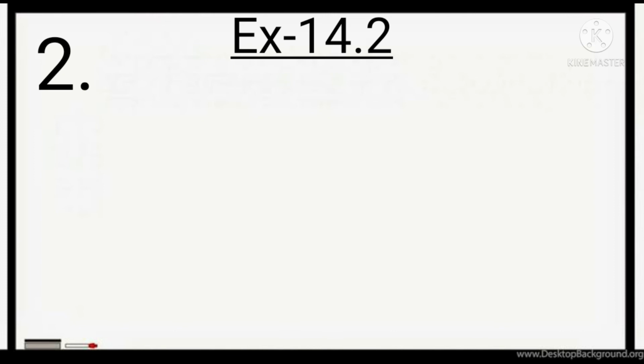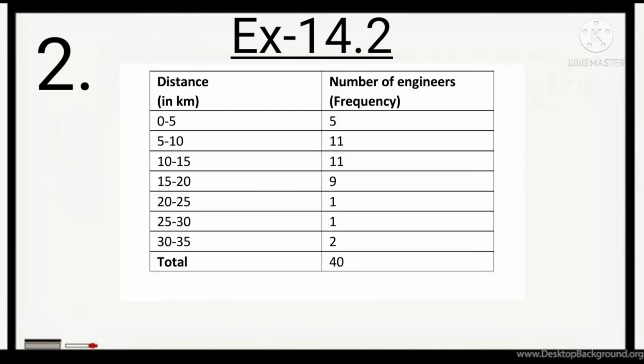Next, what main features do you observe from this tabular representation? First of all, let us write the information in a grouped frequency distribution table. Here you can see the distance is 0 to 5 kilometers.